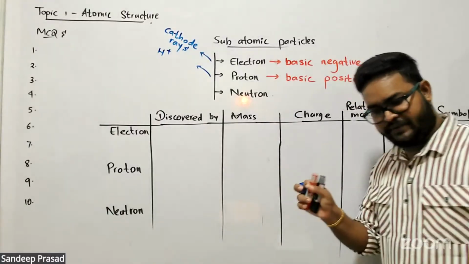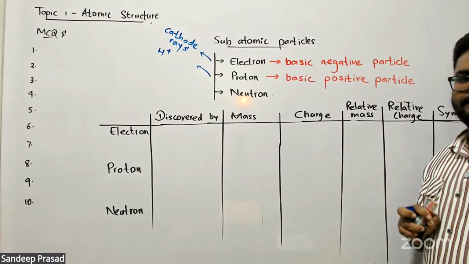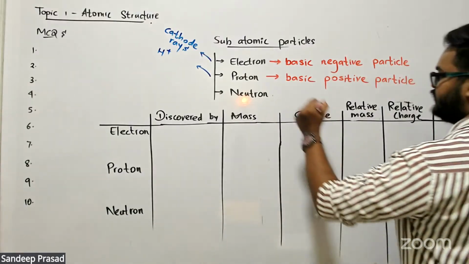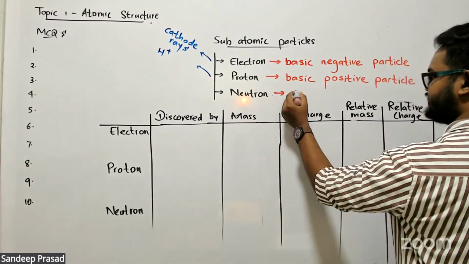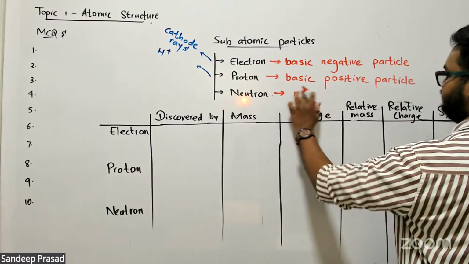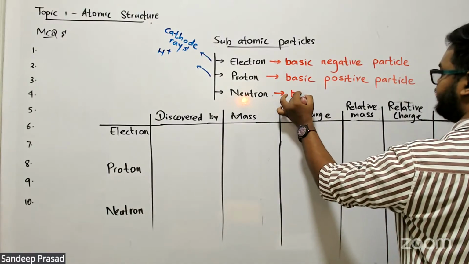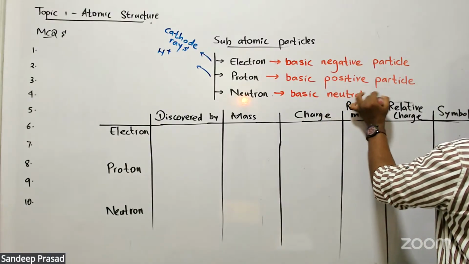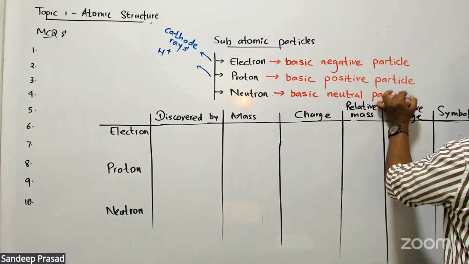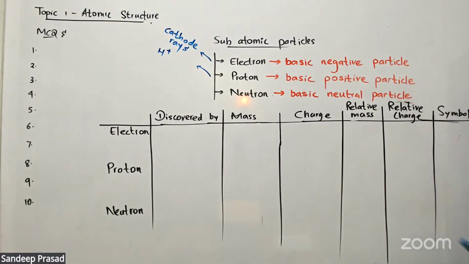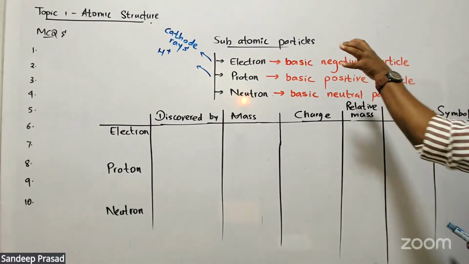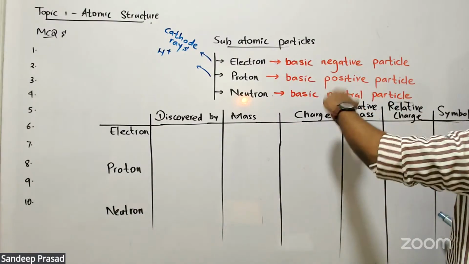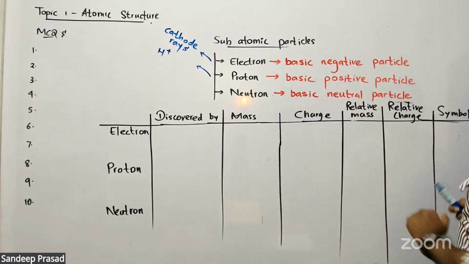Students, proton means none other than H plus. Then what is a neutron? Neutron is the basic neutral particle inside the atom. Electron is the basic negative particle, proton is the basic positive particle, neutron is the basic neutral particle.